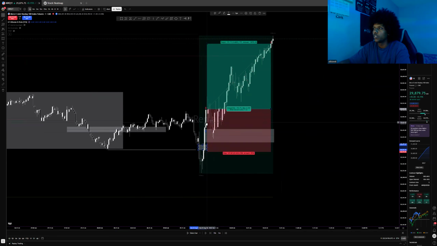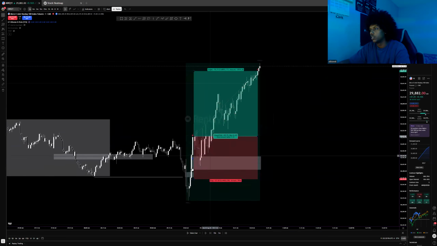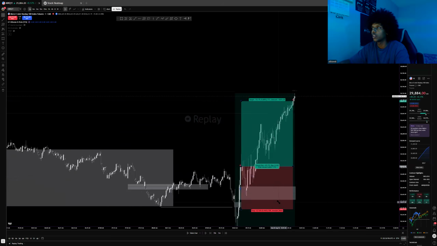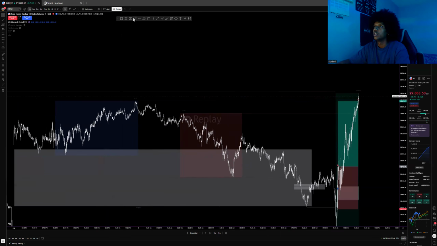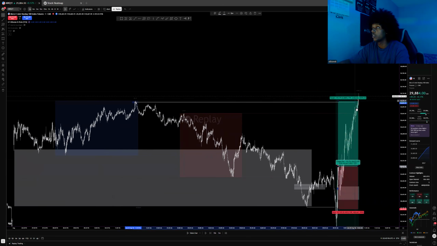So most probably I could have entered right there, or probably entered inside this 1 minute fair value gap. But if you're not patient enough, just like me, I would enter right here and then still target the Asian session high. And I would probably target the body of the candle, not the wick. That can also say right there.